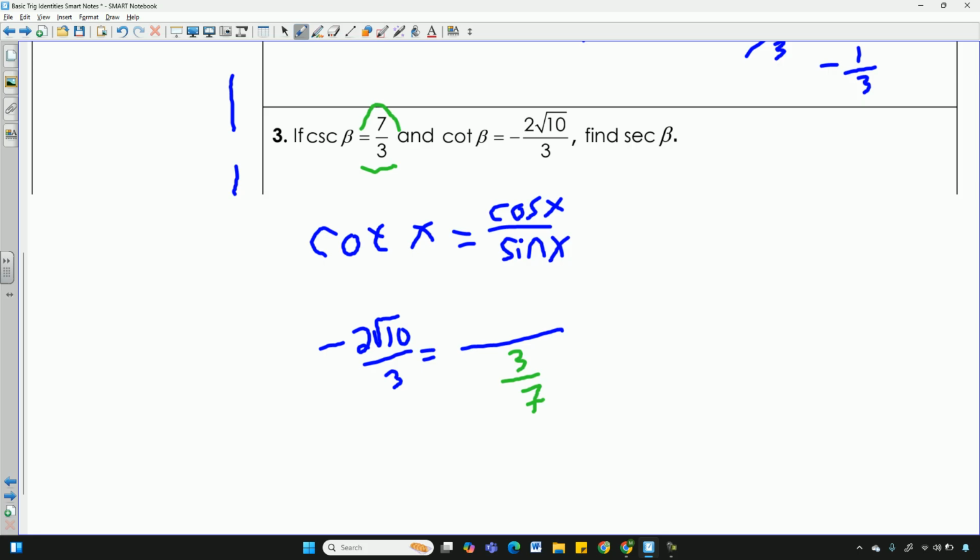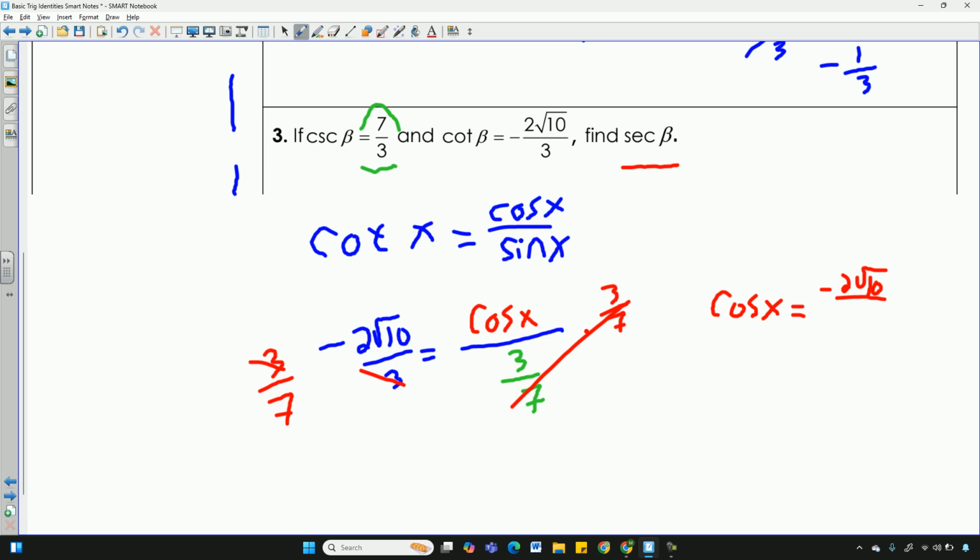And cosine we're not going to know. That's what we're trying to find. If we find cosine, then we can find secant, because they're super related. We'll just flip it. So I'll multiply by 3/7 on both sides. I'll cancel these 3's. And that means that cosine of x is negative 2 root 10 over 7.